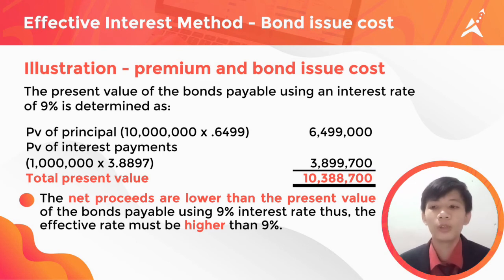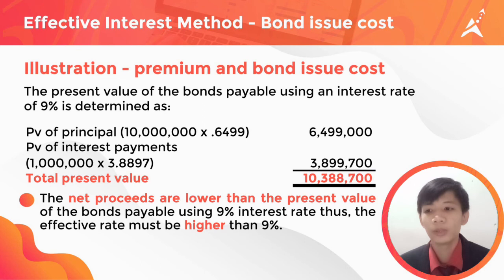Then the present value of interest payments is acquired by multiplying the 1 million annual interest payments by 3.8897. The 1 million annual interest payments is again computed by multiplying the principal by the 10% nominal rate. So we got a present value of interest payments of 3,899,700.